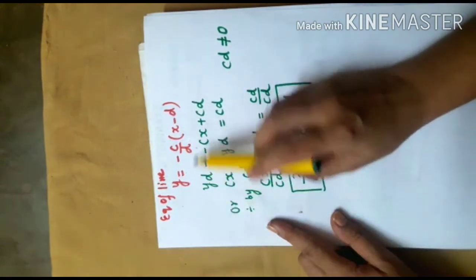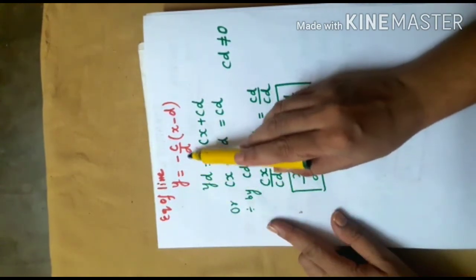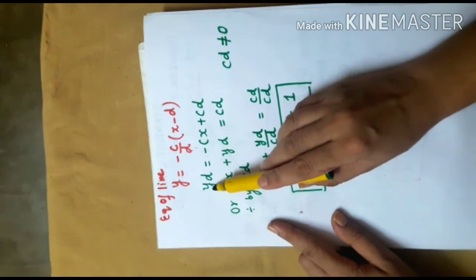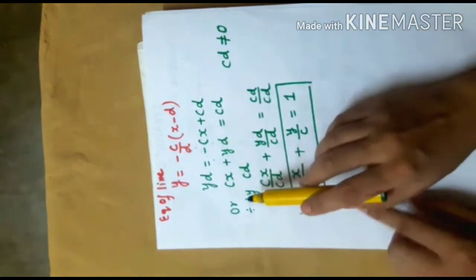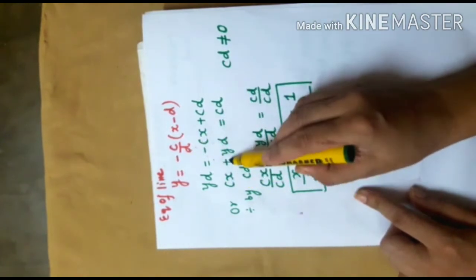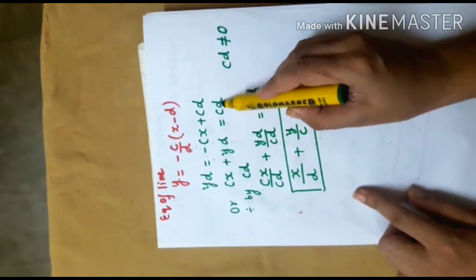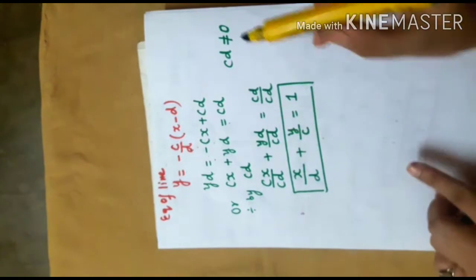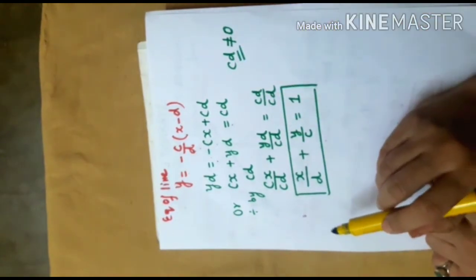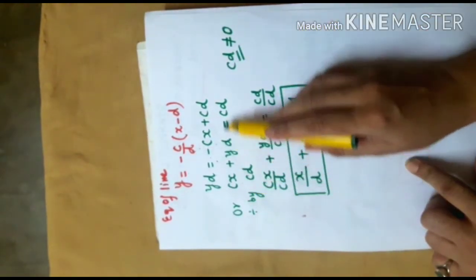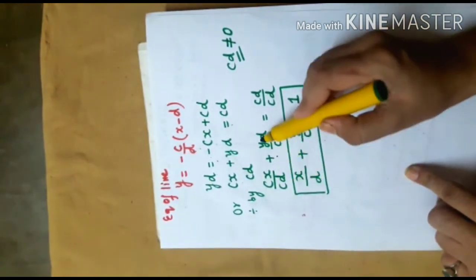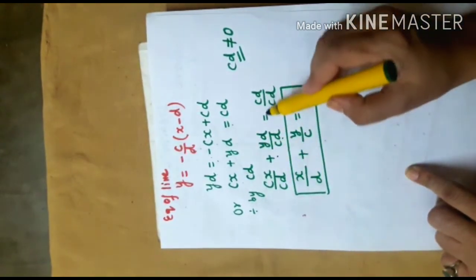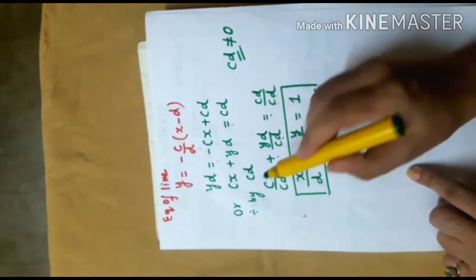Let's simplify this. I'll transpose this d to this side, so I'll get y into d is equal to minus cx plus cd, or cx plus yd is equal to cd. Now cd is non-zero, so I divide both sides by cd. So cx over cd plus yd over cd equals cd over cd.